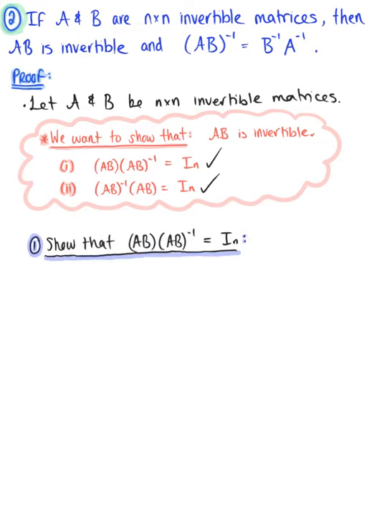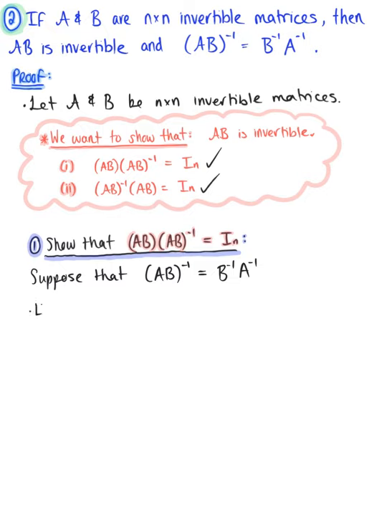So to get us started here, let's suppose that the inverse of matrix A times matrix B is in fact equal to the product of the inverse of matrix B multiplied by the inverse of matrix A. And we're going to use this equation to help us attain the desired result. So, looking at that desired result here, how can we use this equation to attain what we need?